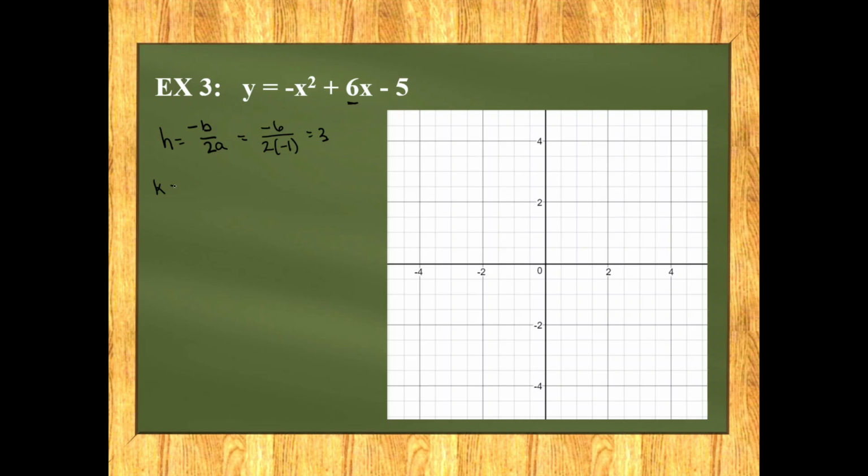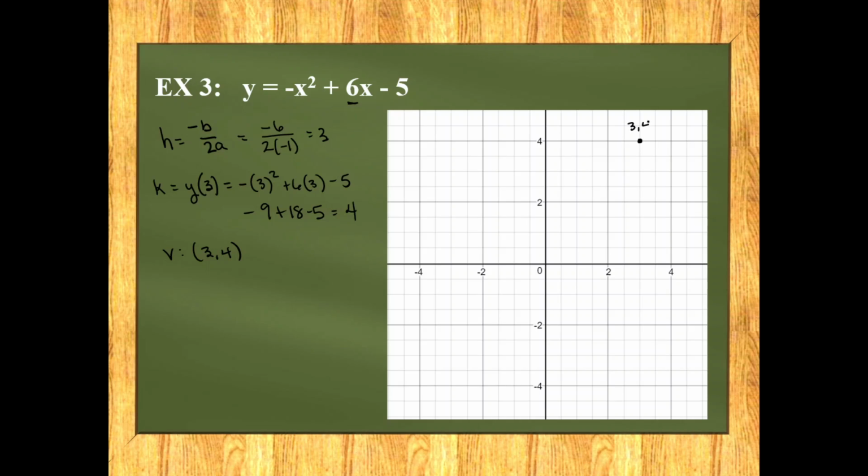Then I find k by finding the y value at that x equals 3. So I'll have negative times 3 squared plus 6 times 3 minus 5, which is 4. So my vertex is at 3, 4.